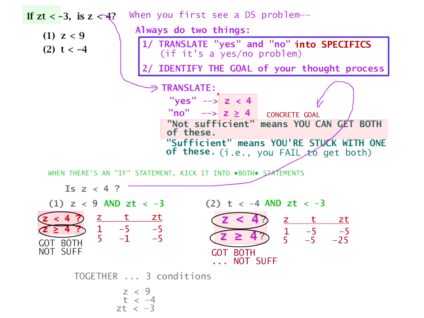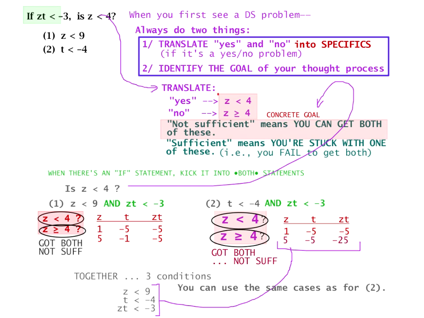But if you look at this, we actually don't have to do any more work, because these 3 conditions, perhaps by accident, are all satisfied here. In both of these statements, z is less than 9, and the other 2 are also satisfied because they were there to start with. So these 2 satisfy both of the statements together, and you still get to circle both statements. So you can use the exact same cases. So still not sufficient. So this is going to be E like elephant.